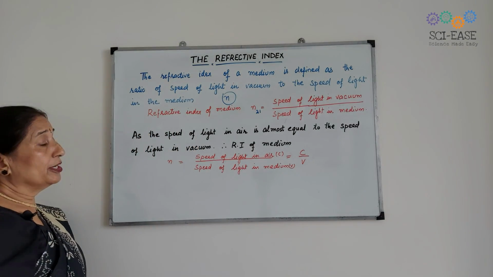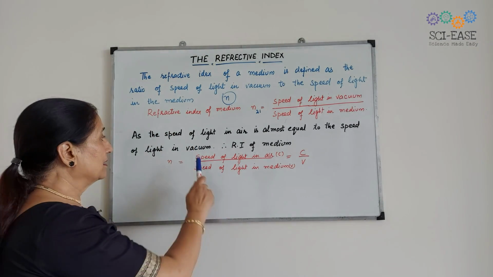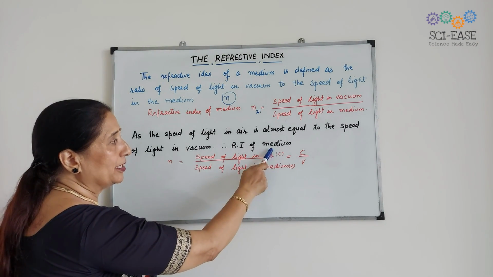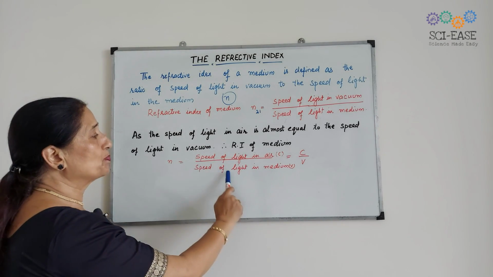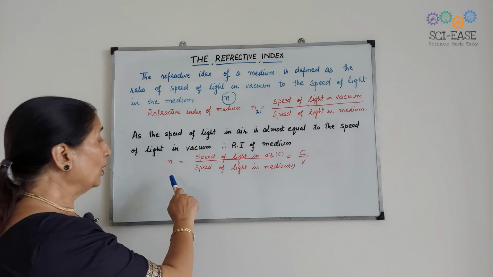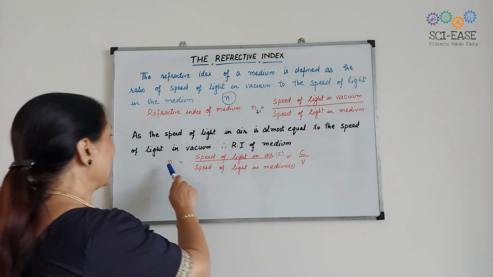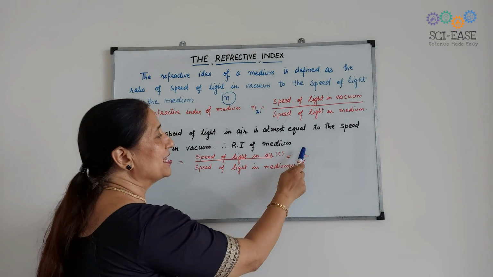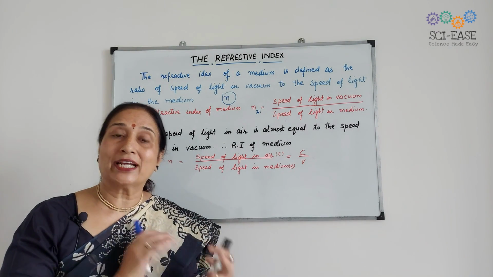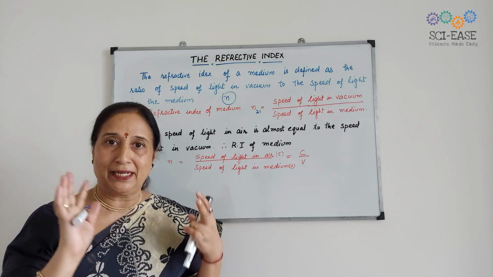So, the refractive index of the medium can also be defined as the speed of the light in air, which is denoted by C, over the speed of light in the medium, which is denoted by V. So, the expression is N is equal to C by V. These are the two expressions by which we can calculate the refractive index of the medium.